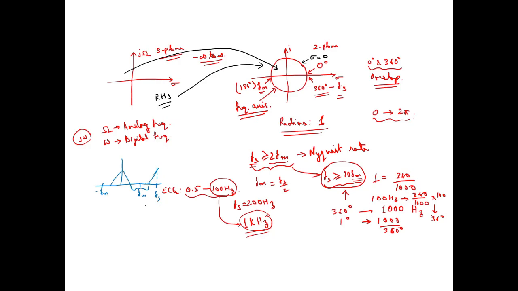Here, if you see this dead zone I have shown, when you increase the sampling, this is the dead zone, and if you consider this 2 pi region, suppose here it was 36 degree.